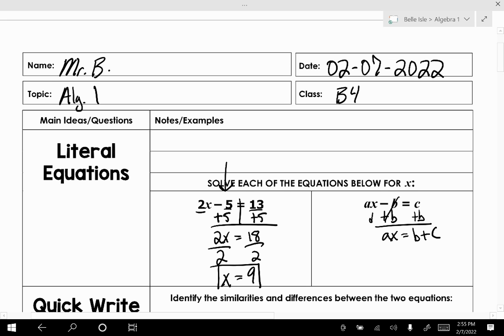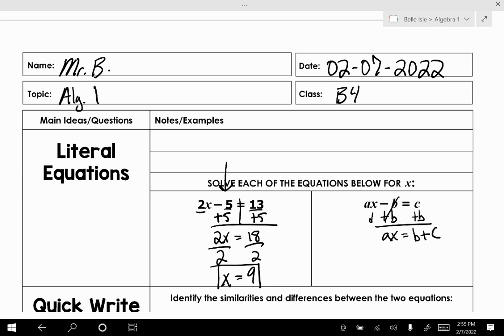Can you combine them? Yeah, they're different variables, so they're not like terms, right? So you just have to leave it as b plus c. No simplifying is being done here. Okay. Now we have ax equals b plus c.